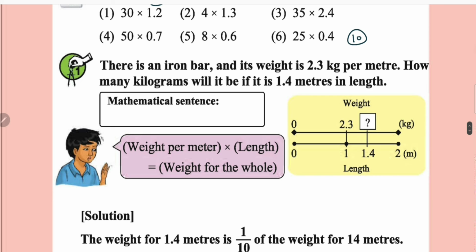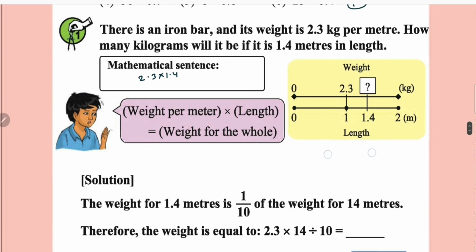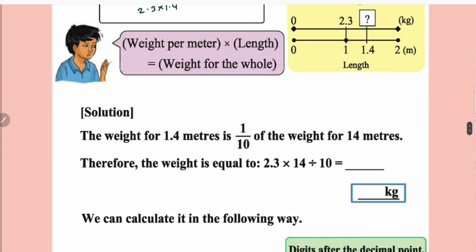Okay, there is an iron bar and its weight is 2.3 kg per meter. How many kgs will it be if it is 1.4 meters in length? 2.3 into 1.4. Okay, how to proceed?